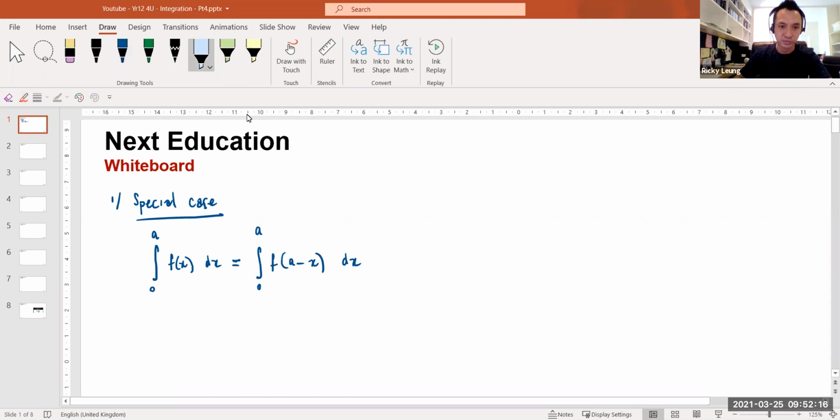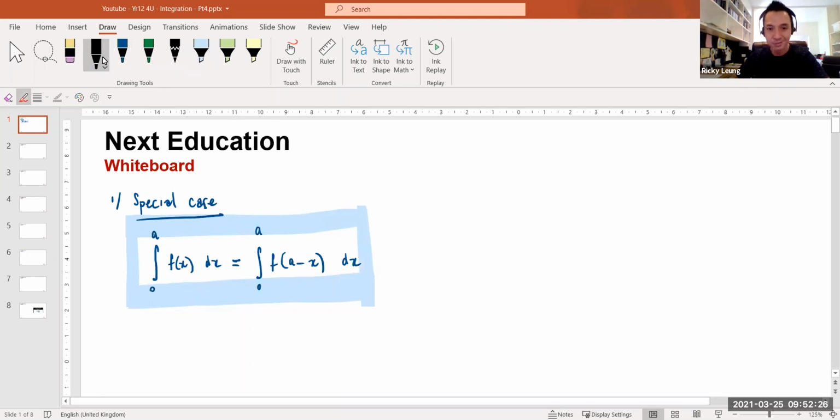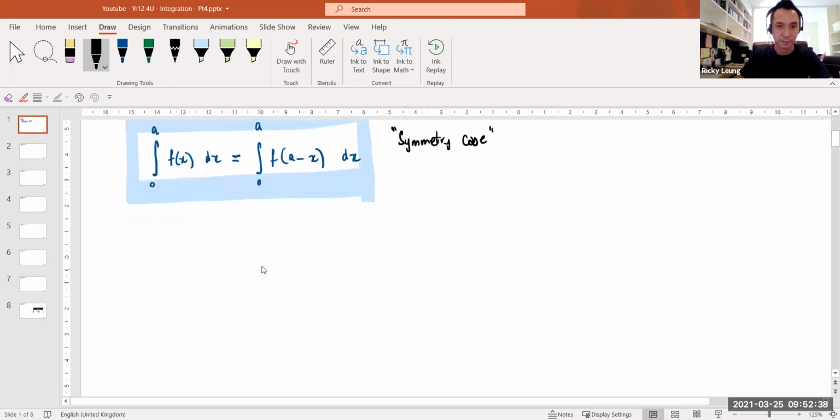So this formula is equivalent. That's important, so we're going to prove this equivalence. Maybe you can call it the symmetry case, and that's what I'll be referring to in this presentation. But the symmetry case is a special case of an example, so I'll put a little asterisk here because here's my proof.